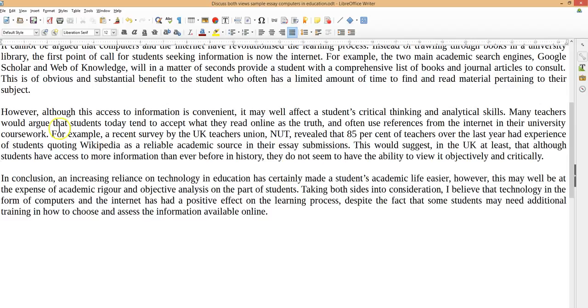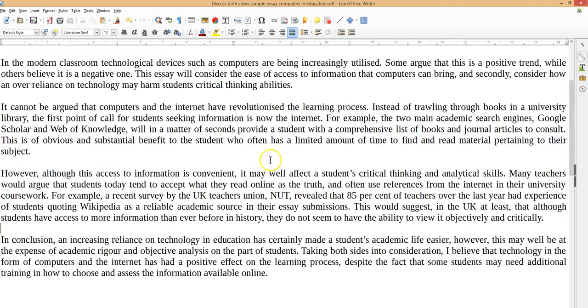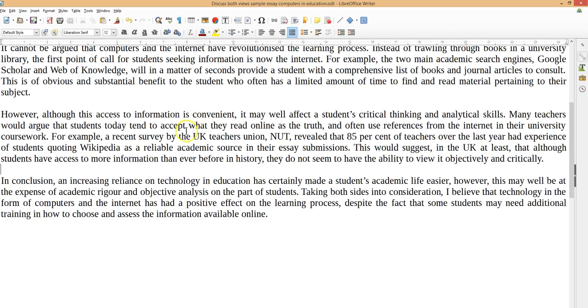Maybe not. So, for example, in a recent survey by the UK National Union of Teachers, 80% of teachers had experience of students quoting Wikipedia as a reliable source. Explain: this would suggest that although students have access to more information than ever before, which is what I was talking about there, they do not seem to have the ability to view it objectively and critically.